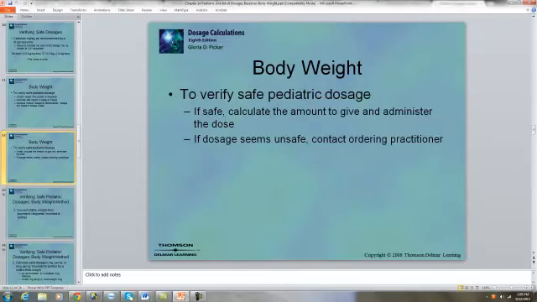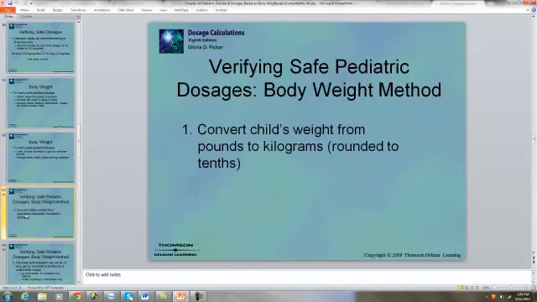If the dose is safe, calculate the amount to give and administer the dose. But if the dosage seems unsafe, you need to contact the ordering practitioner.